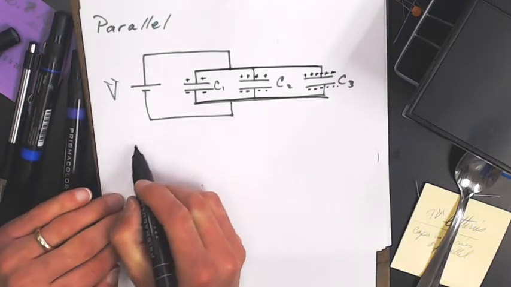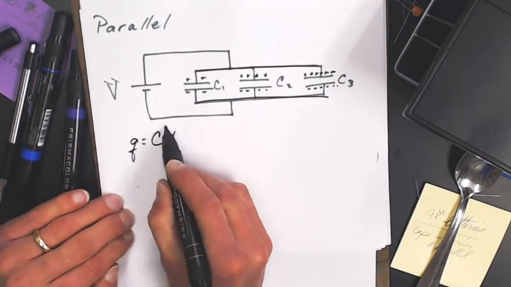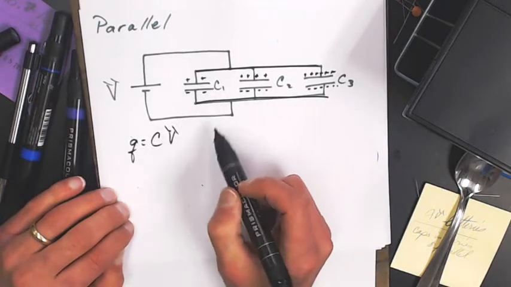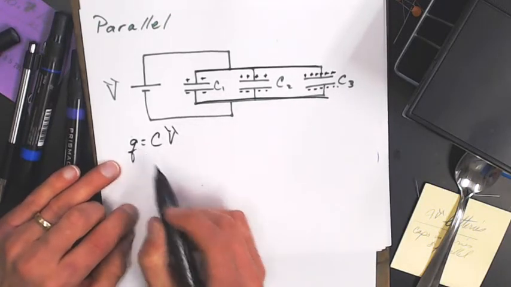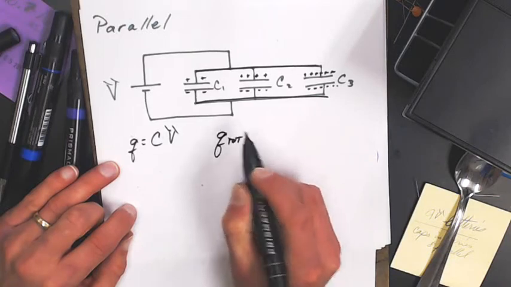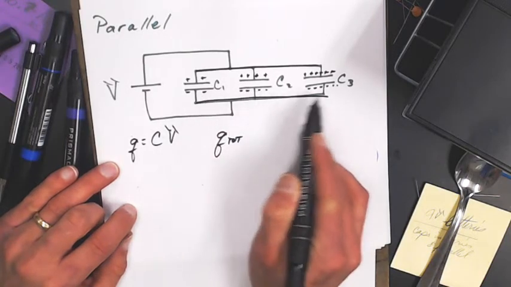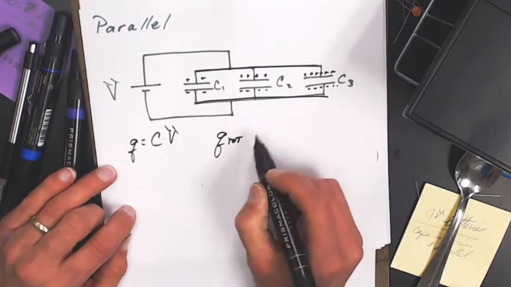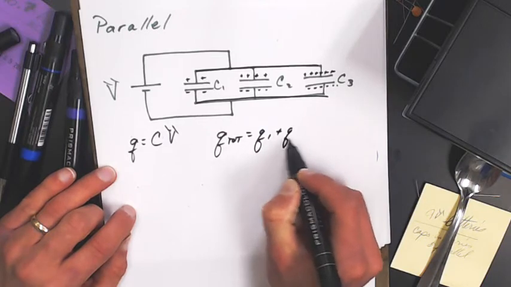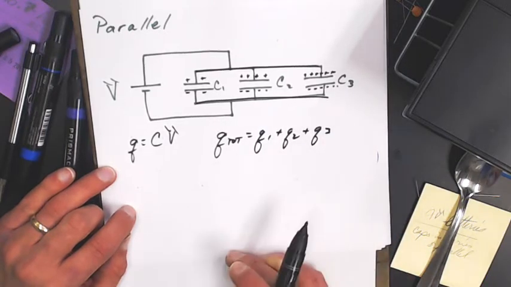So again, we start with Q equals CV. Now each one has the same voltage, but the charge differs: this one has 2, this one has 4, this one has 6, so the total charge is going to be Q1 plus Q2 plus Q3.